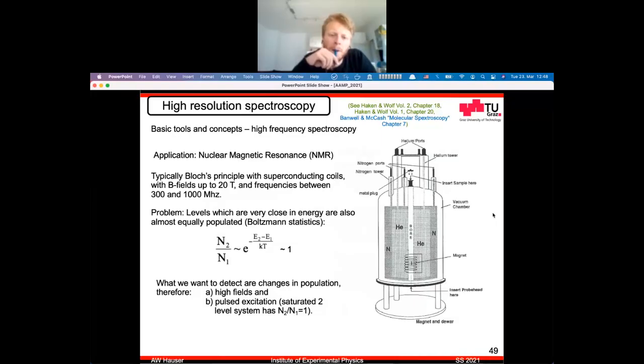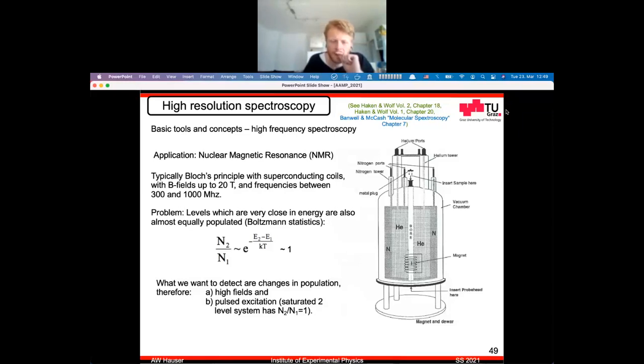All right, now the experimental setup. How does such a nuclear magnetic resonance machine typically look like? You can see it on the right-hand side of this slide 49. It is basically a huge Dewar type vessel because you would like to cool this down. You need very, very strong magnetic fields for this type of experiment.